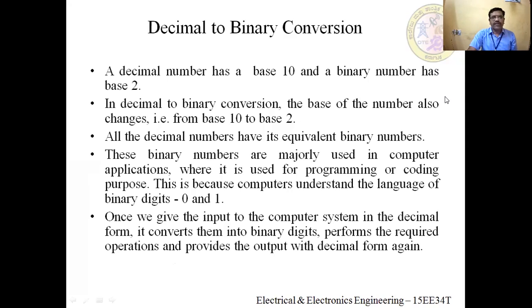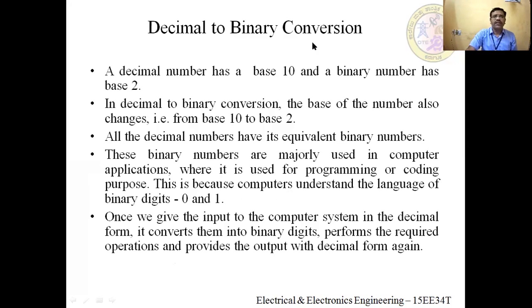Decimal to binary conversion. The given number will be in decimal form. That number we need to convert to a binary number. A decimal has base 10 and a binary has base 2.